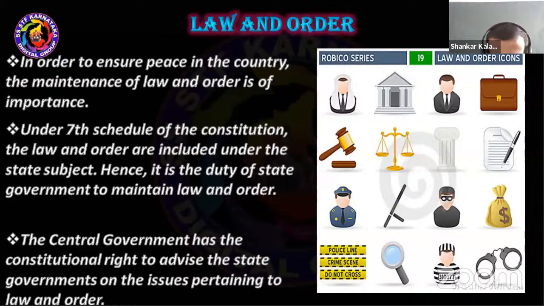Here pertaining means related to law and order. Regarding law and order, if any issues are there, the central government may send advice or give suggestions to the state government, even though it is in the state list.